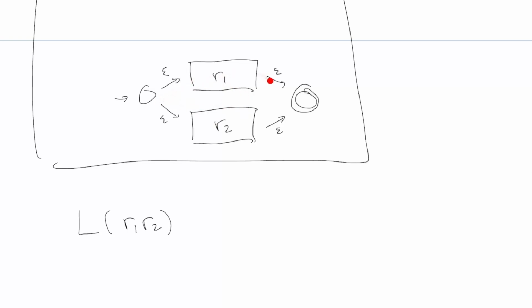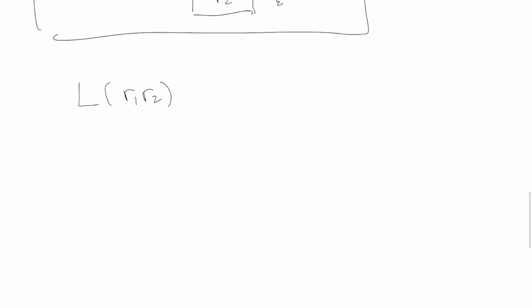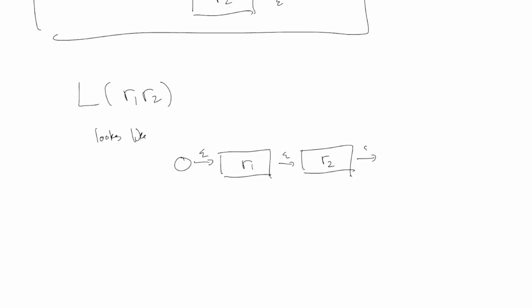This is like these two things in parallel, but instead of in parallel, you put them one after the other, in series, as the engineers would say. So this one looks like I start going into R1, and then wherever the end of R1 is, I patch that directly into the beginning of R2, and then wherever R2 ends, that's my accepting state.